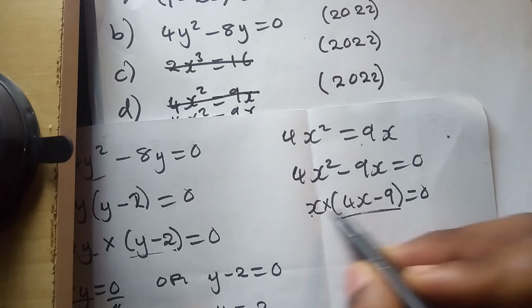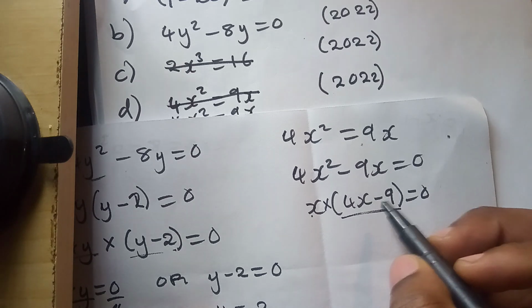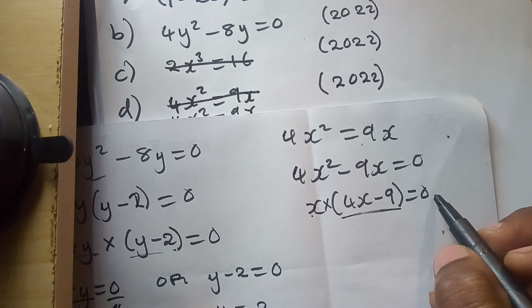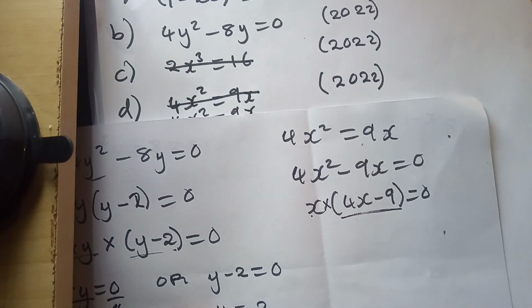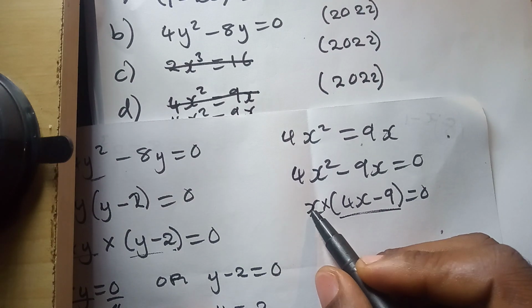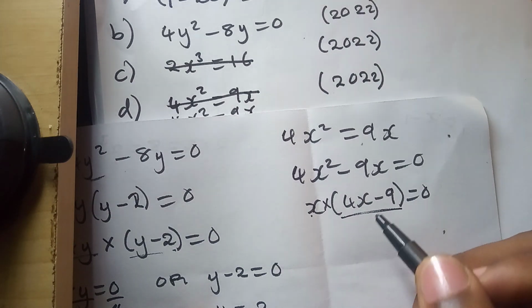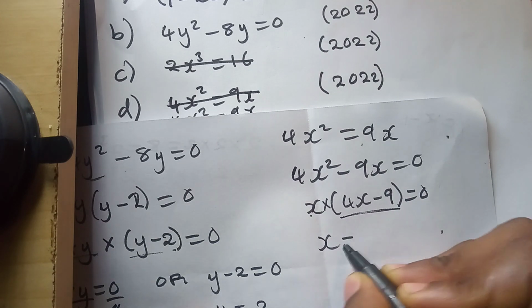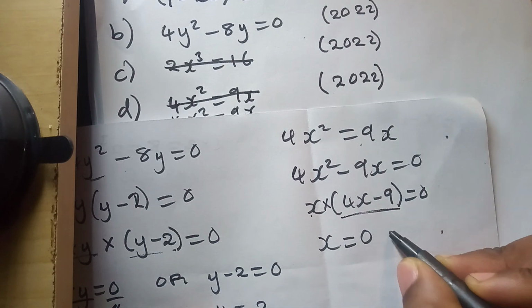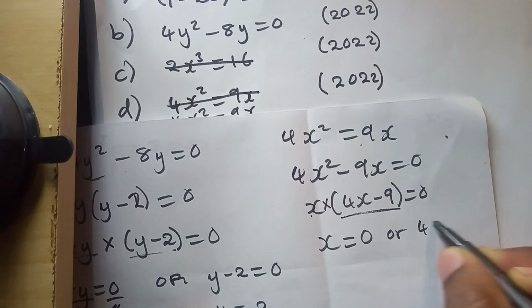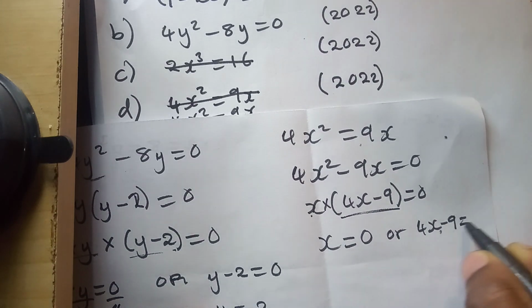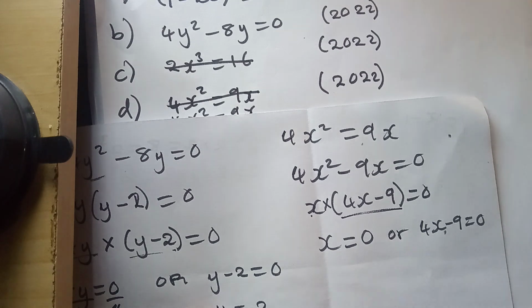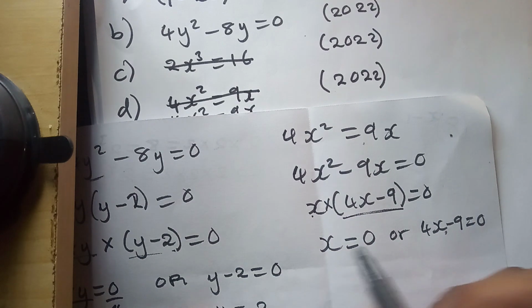So when two numbers are being multiplied and the product is 0, it means either this is a 0 or this is a 0 or both numbers are 0. So we can say either x is equal to 0 or 4x minus 9 is equal to 0. Now this one has been solved.